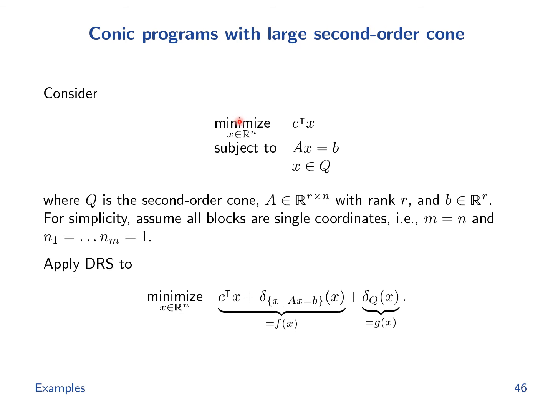Consider a conic program with one large second-order cone, where A has rank r. We only use one cone for simplicity. The argument below applies to any conic program with one or multiple large second-order cones and small other cones. Apply Douglas-Rachford splitting to this formulation.